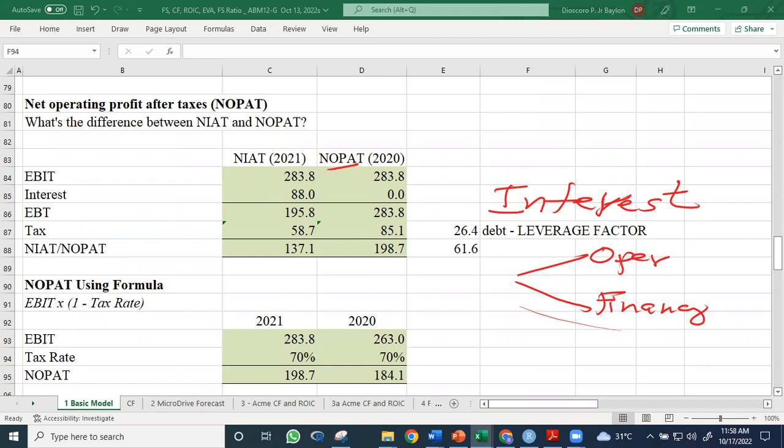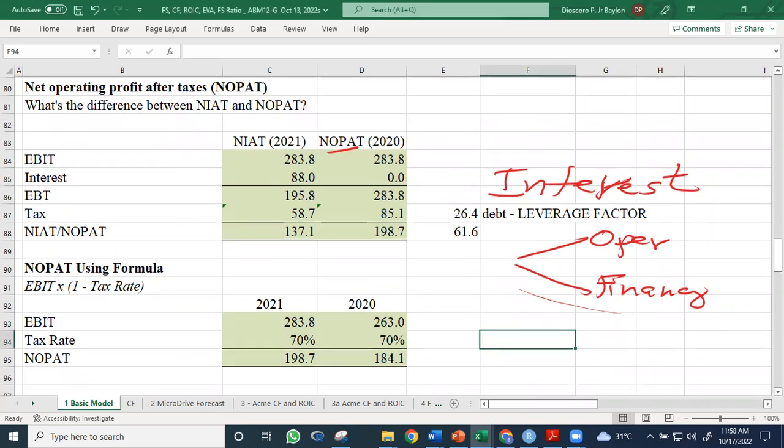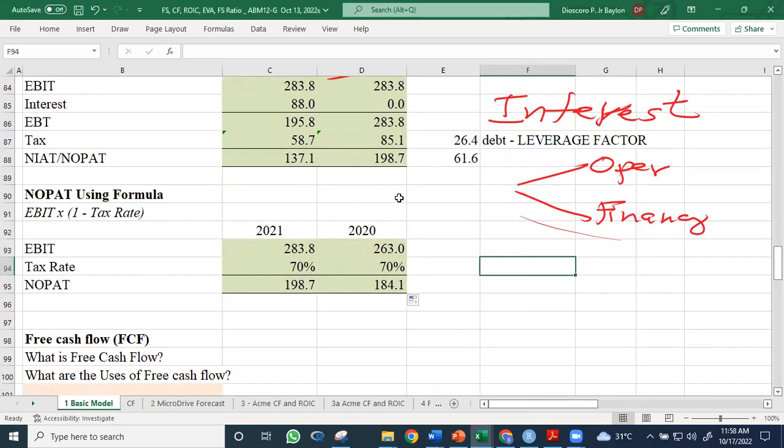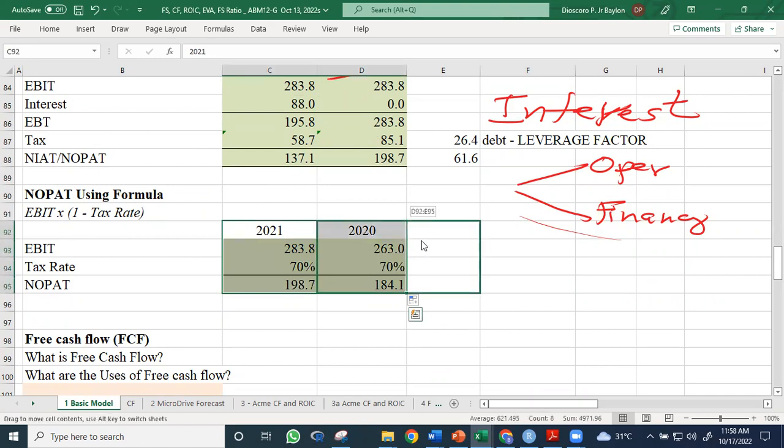Chat, please, if you're okay so far. If you're able to follow along. We were able to compute for the, siguro dapat ito i-move ko dito. Kasi para nakakalito siya na.